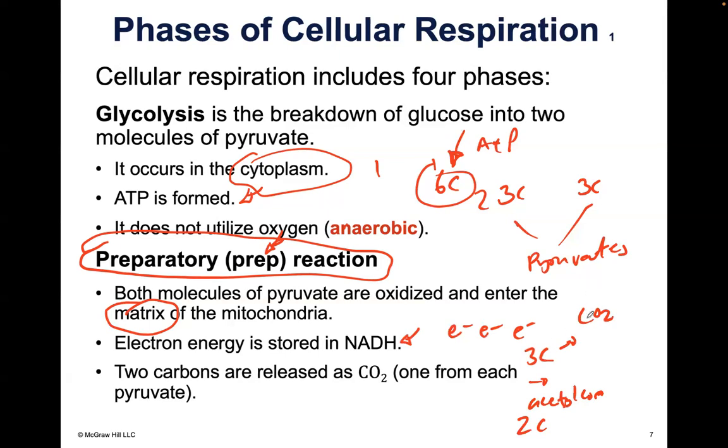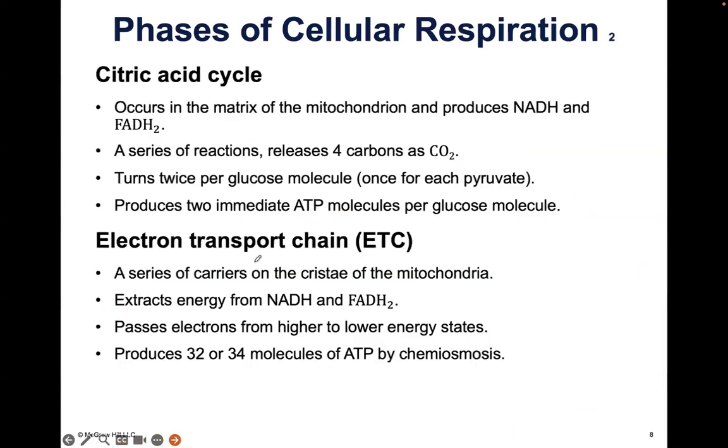The carbon dioxide produced from each of these pyruvate gives 2 CO2, which is taken out of the cell through the process of diffusion. This is what has been mentioned here. We will get to a place where it's going to be discussed in more detail. I'm just mentioning it so you remember when we get to that place.